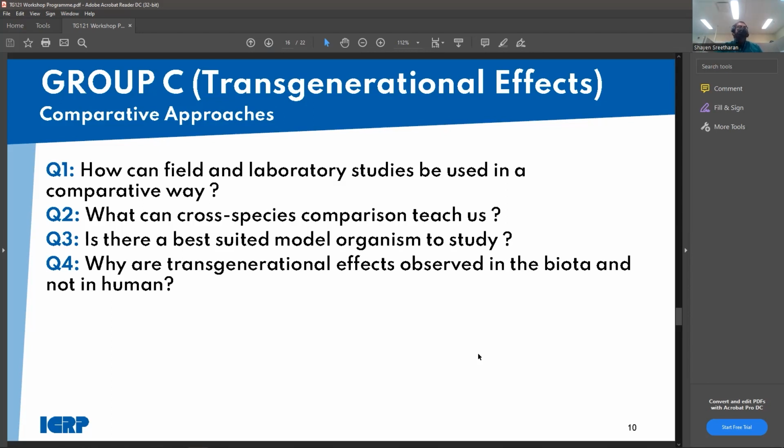Yeah, it's like in Daphnia, you have this also. But I also know there are some studies on pollen, which is the male part of the plant.